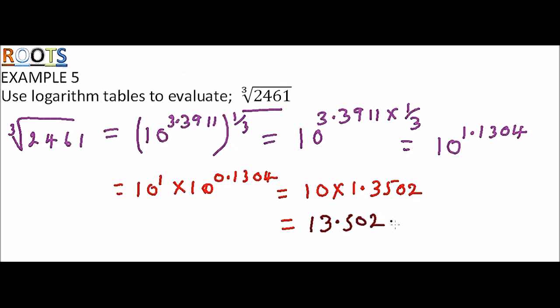So you can see now that we have managed to get the cube root of this number, which does not have a perfect cube root, and using the logarithm tables, it is possible to get the cube root of this number. So you can use the logarithm tables to get any root of a given number.